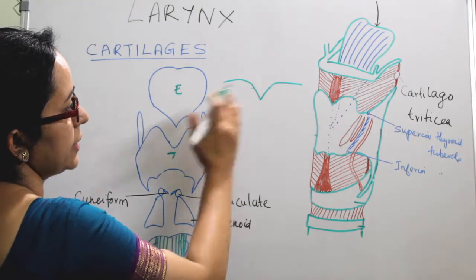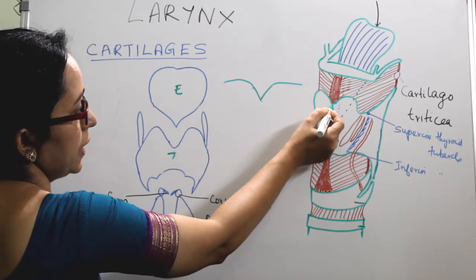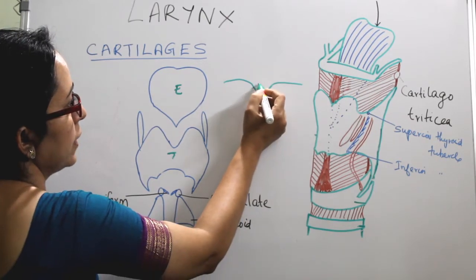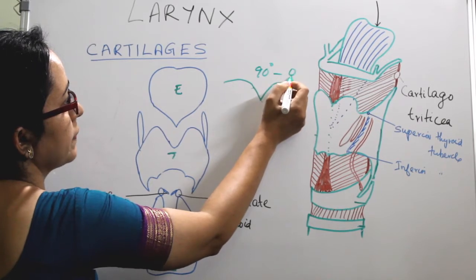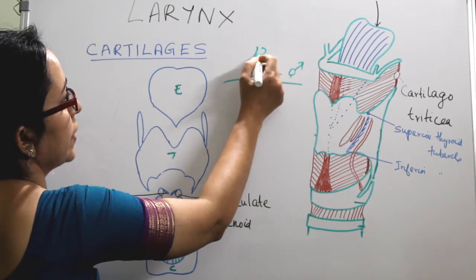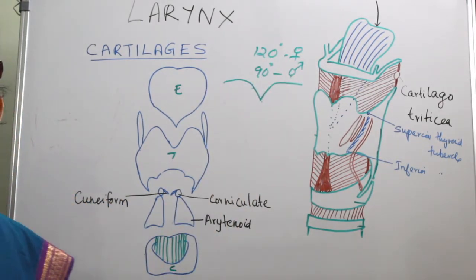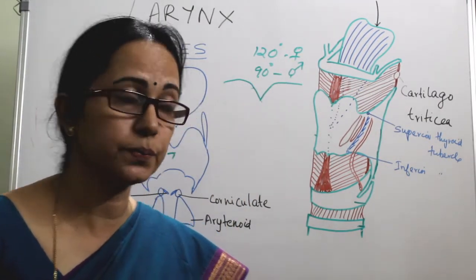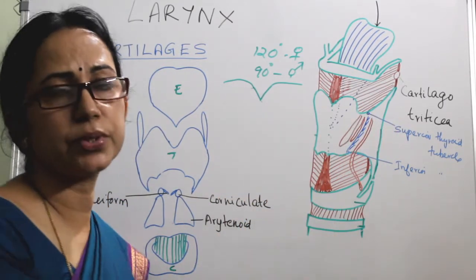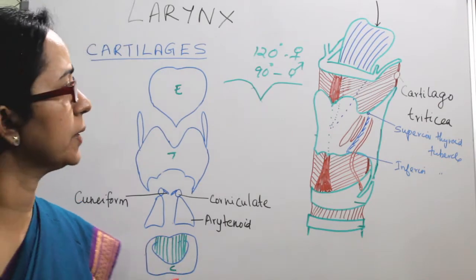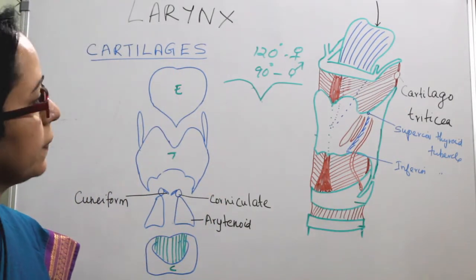The right and left laminae come and meet in the midline. This is the thyroid notch, and this angle is 90 degrees in males and 120 degrees in females. And in males this thyroid notch is very prominent also, and laterally or posteriorly they go and form the superior cornu and also the inferior cornu.